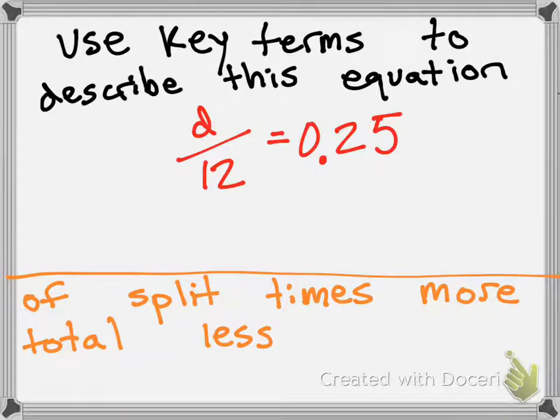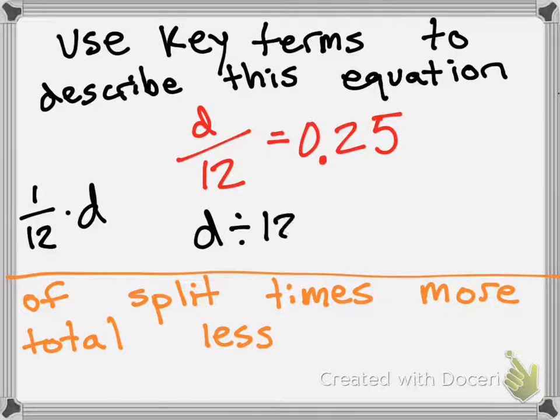Only Lucy can tell me. Go ahead. Division. D is being divided into 12 groups. Remember, this can be written as 1/12 times D, so it can technically be multiplication. It can be written as D divided by 12, or it can be written as D over 12.